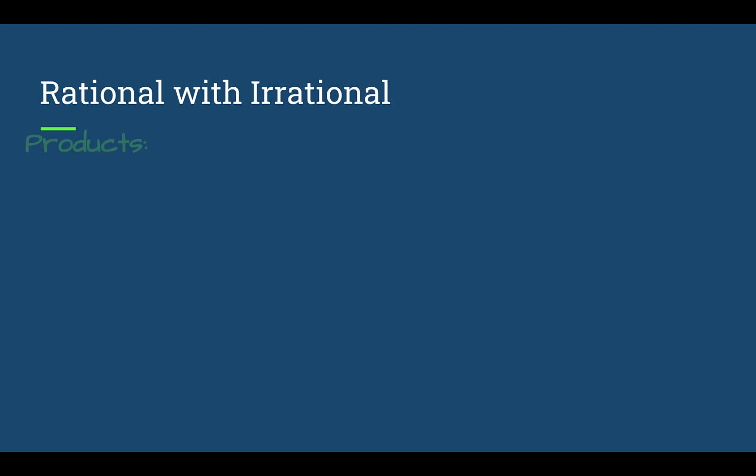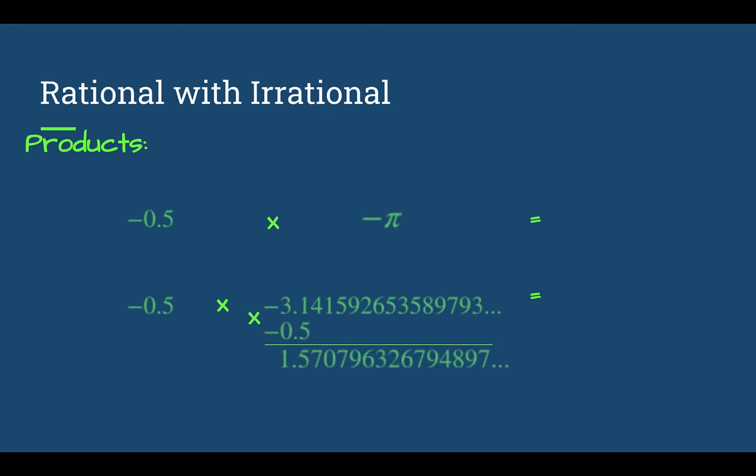So now let's look at the products. Let's say I have negative 1/2, negative 0.5. I'm going to multiply that by negative pi, because pi is I. Again, I'm going to see what it comes out to be. So if I multiply negative 0.5 times negative pi, 3.14159265, etc., I end up with 1.5707, and so on.